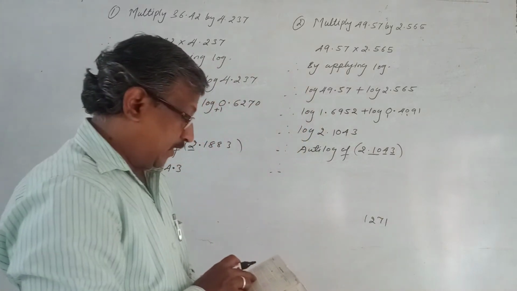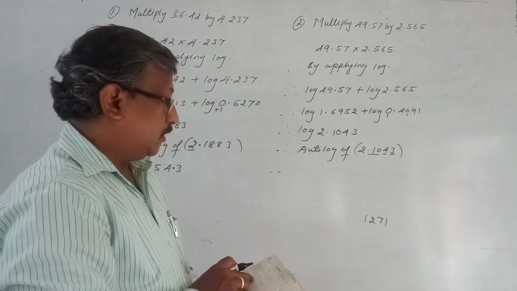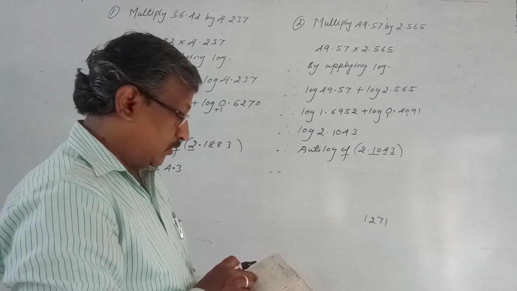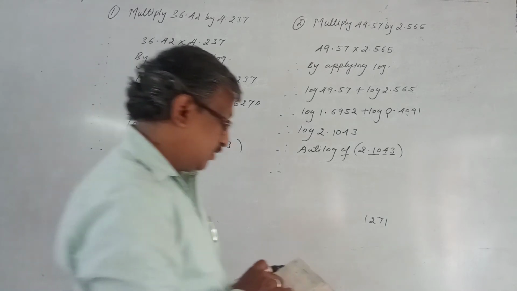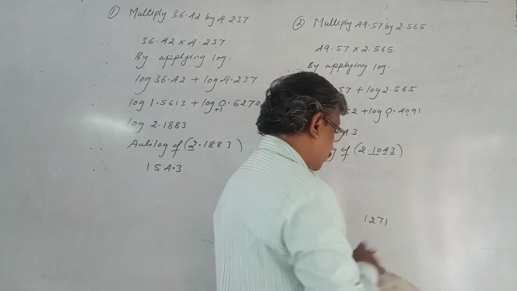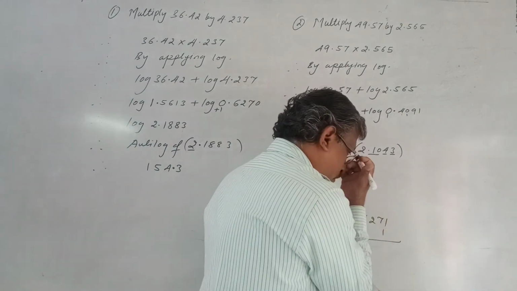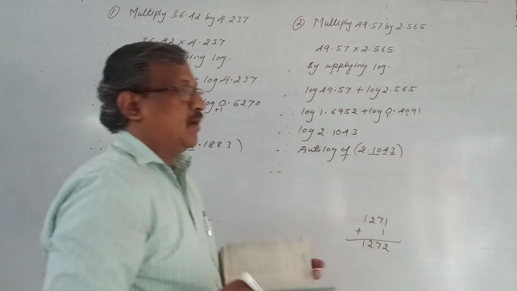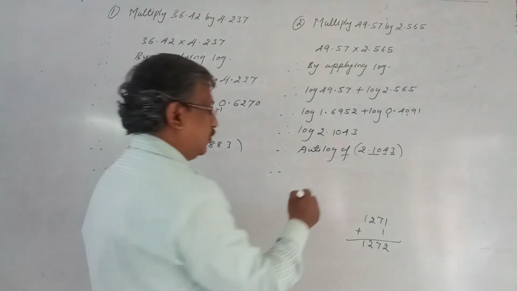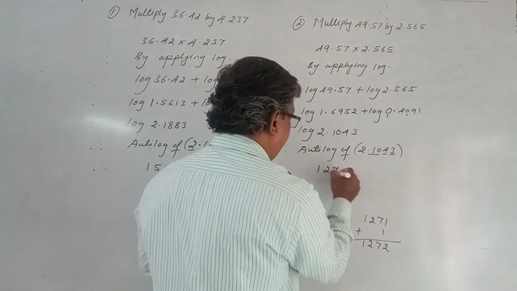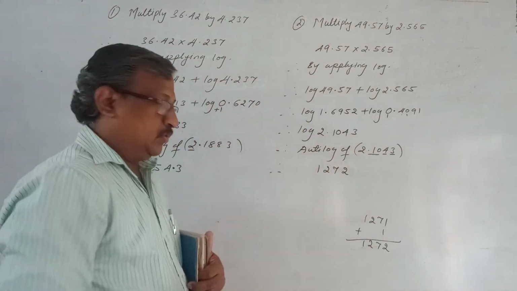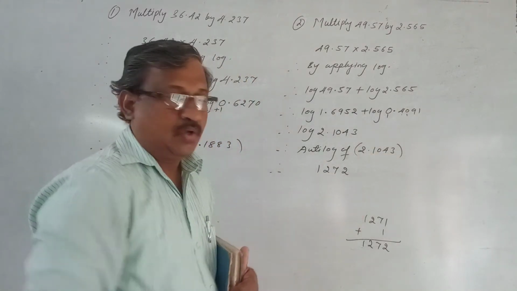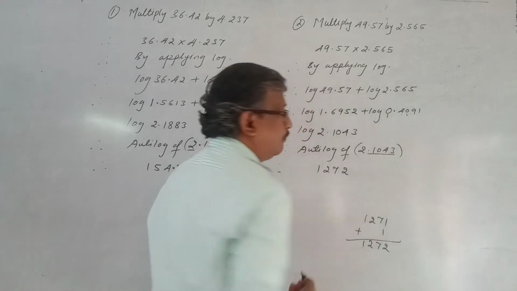And mean difference third column is 1, right? So that mean difference 1 you have to add. So if you add, you get 1272. So whatever you have got, 1272, you write that value. So this is how you get the value by referring to the anti-logarithm table or the fractional part.